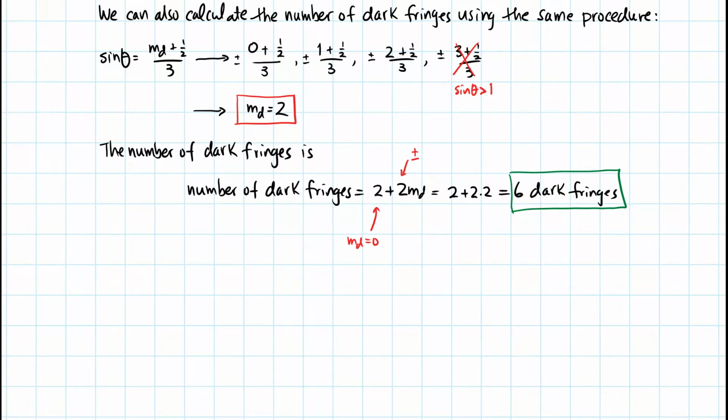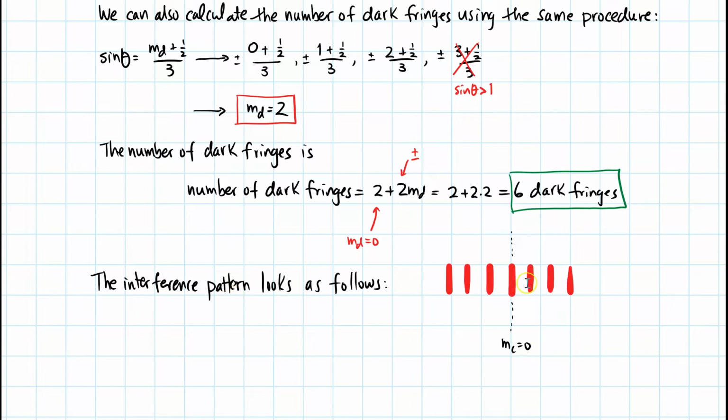What does that pattern look like? So I have 7 bright fringes, so I've got the central, plus 3 on each side. And if I label all of the m_c values here, you can see that I have 1, 2, 3, minus 1, minus 2, minus 3. So now I add the darks. Note that I have to separate the darks symmetrically.